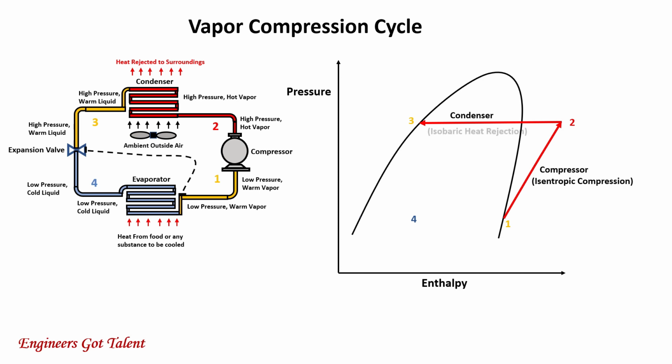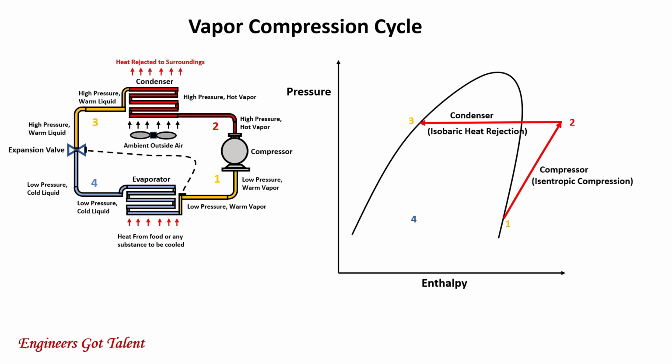During the condensation process, the refrigerant pressure is made constant, or isobaric. At point 3, the refrigerant exits the condenser at high pressure and saturated warm liquid. Saturated because it is 100% liquid with no vapor.